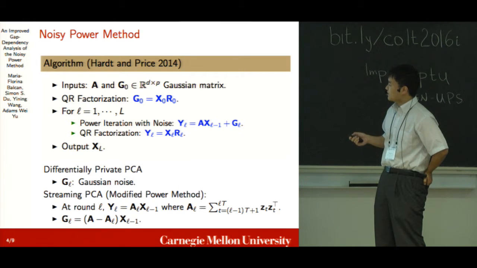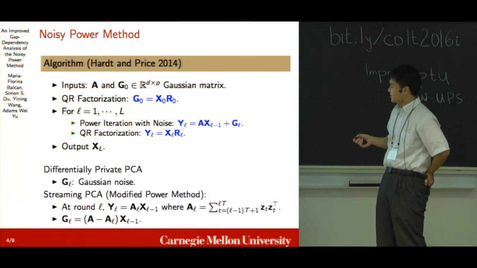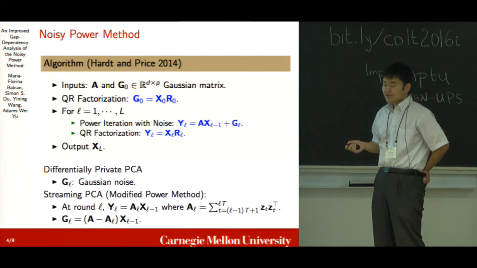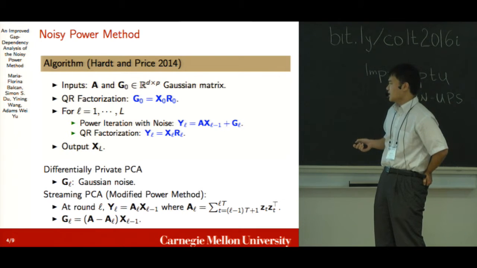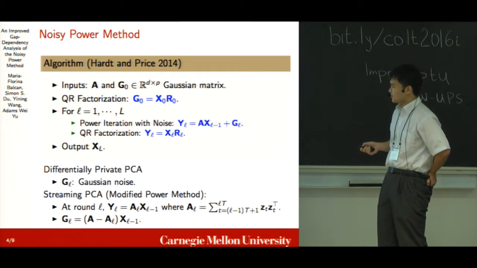We left multiply by the original matrix and also renormalize to stabilize the procedure. It has many applications: if the noise matrix is Gaussian noise, we can obtain differentially private PCA, and, as the last speaker said, we can use the power method to compute streaming PCA.